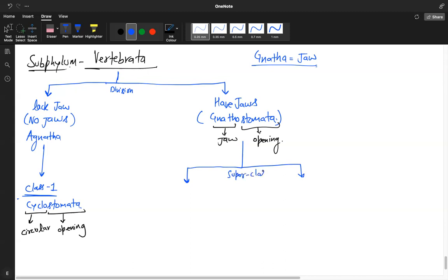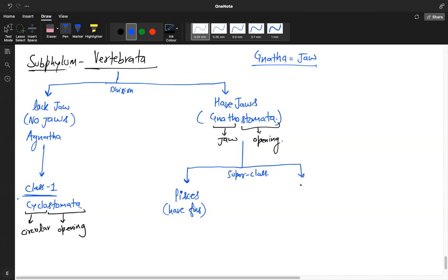It's above the class. So one will be fish, which are called Pisces, and this is on the basis of their appendages. Now fish have fins, they don't have legs or limbs.